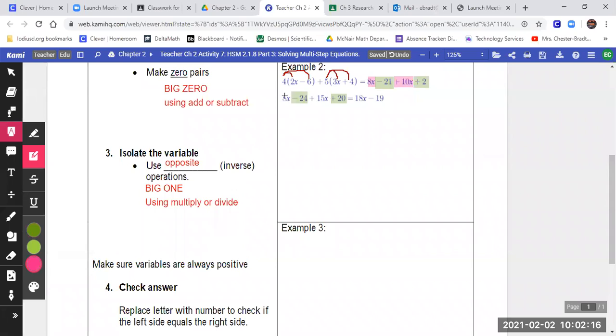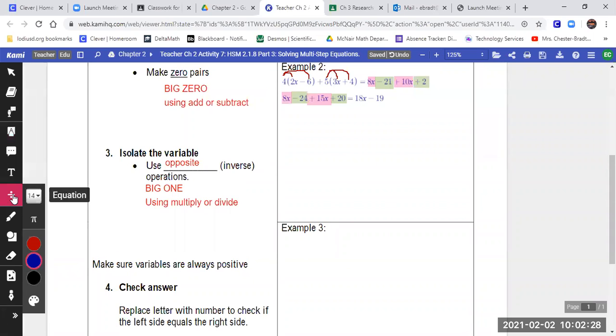And then the positive 8x with the positive 15x. Okay, so we're going to combine those. We're leaving the right side alone. It's done for now.